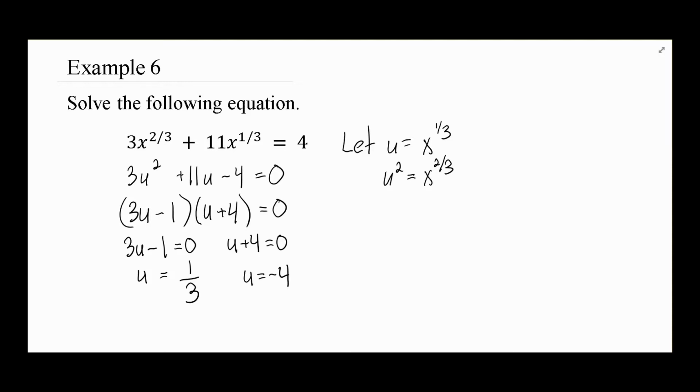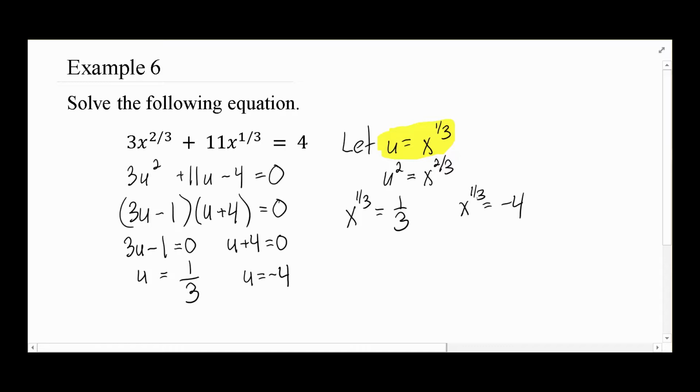So we got to come back to what we did for our substitution and say, instead of writing u equals 1/3, u is the same thing as x to the 1/3 power. And similarly, instead of saying u equals negative 4, instead of that u, we're going to write x to the 1/3 power.